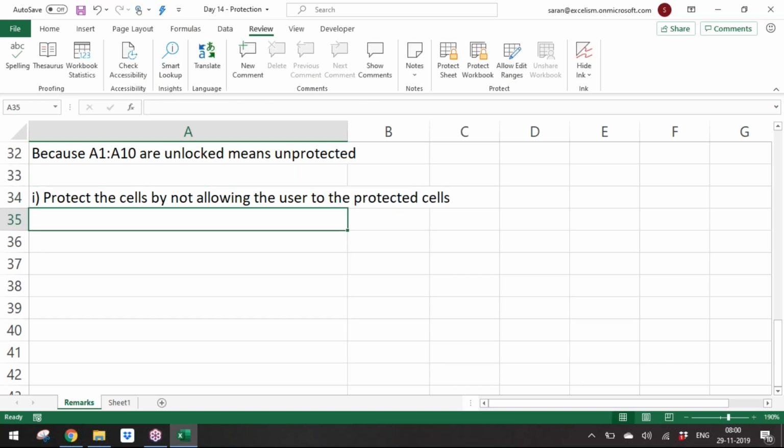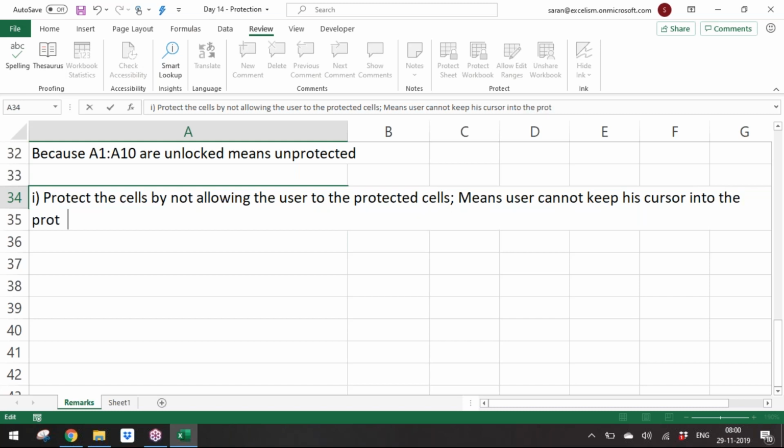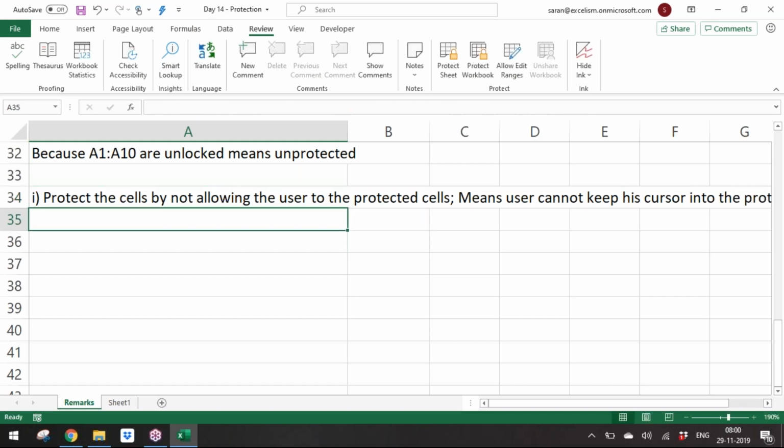That means once I protect, which cells can be protected? Locked cells. So once we protect, the user cannot even keep his cursor into the protected cells. That is the meaning of the first one.